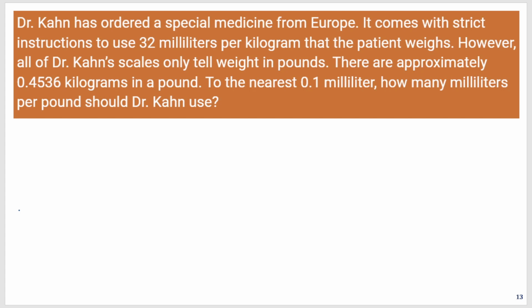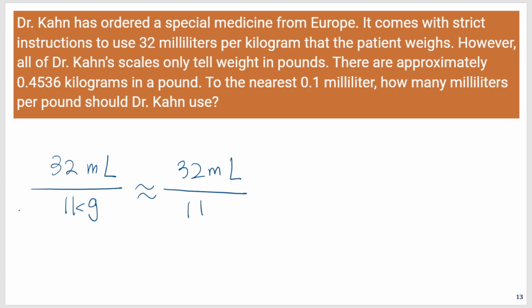Okay, let's have a look at the solution together. So initially we have 32 milliliters per 1 kilogram. You could multiply by 0.4536 kilograms per 1 pound, right?